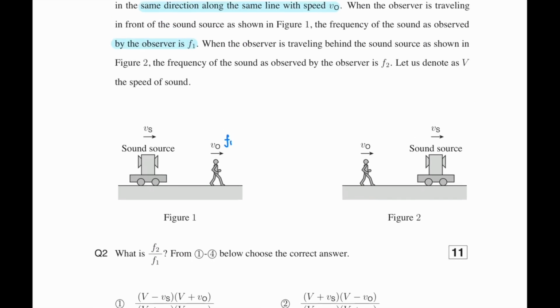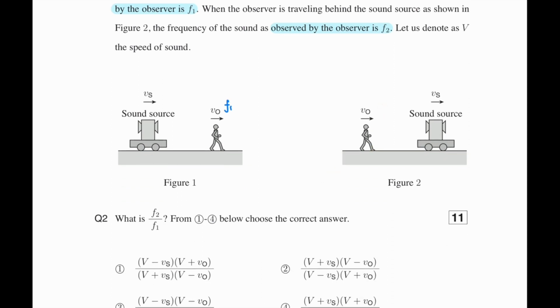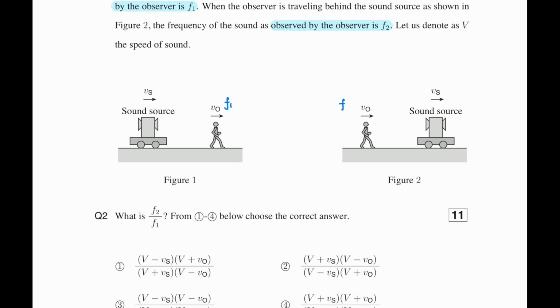And then for the second figure, when the observer is behind the source, the observed frequency is F2. So for our second figure, this person will observe frequency F2. The question is, what is F2 over F1? We want to find the ratio of F2 over F1.